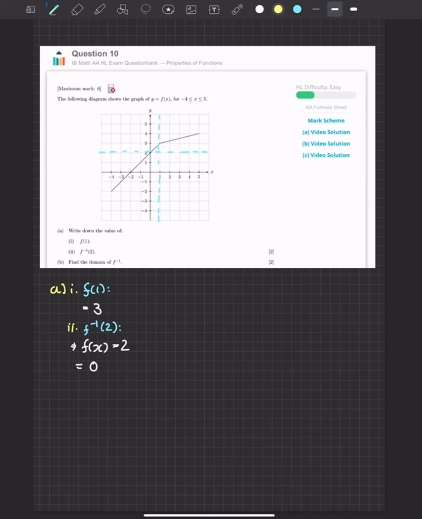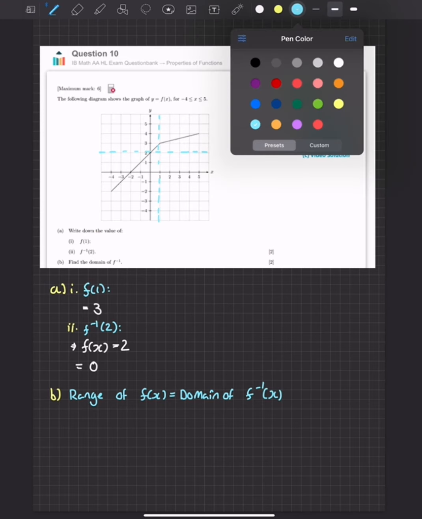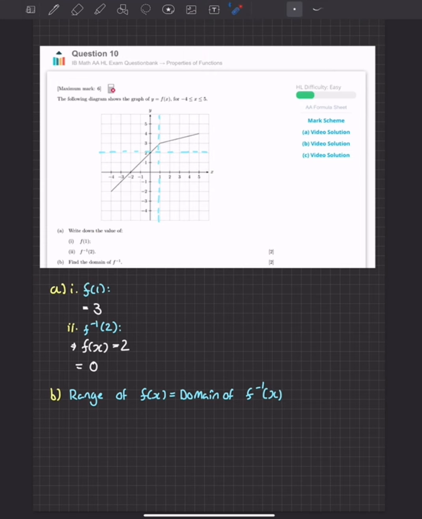Simple as that. And now we go to part B, which is find the domain of the inverse function. And if you remember, the range of the normal function is the domain of the inverse, right? So whatever the range of this function is the domain of the inverse. And what is the range of this function?